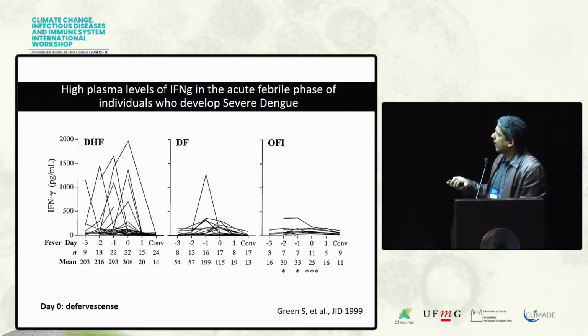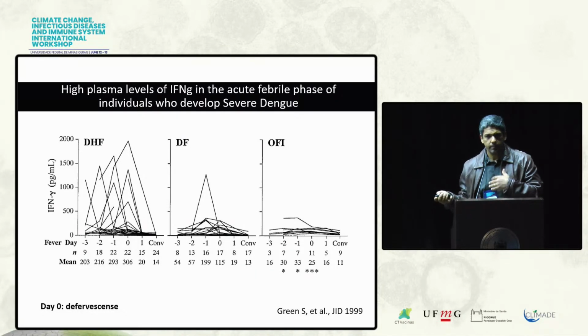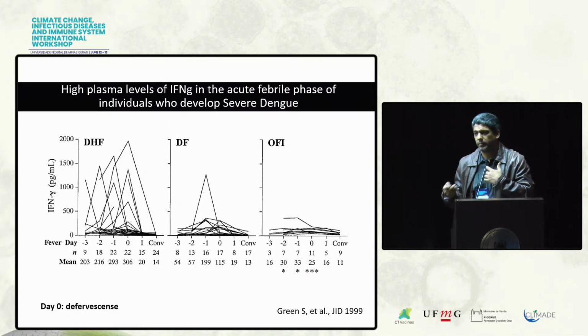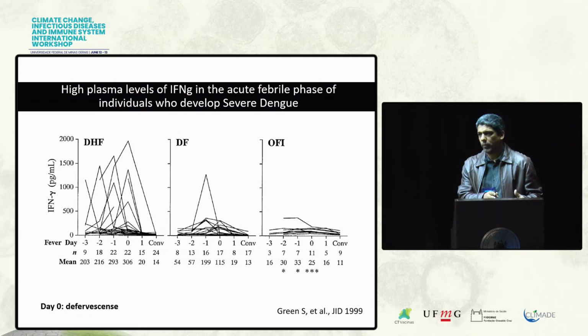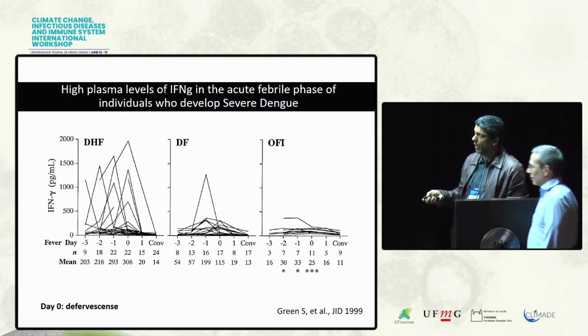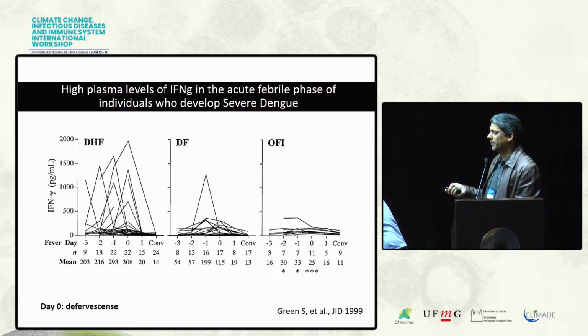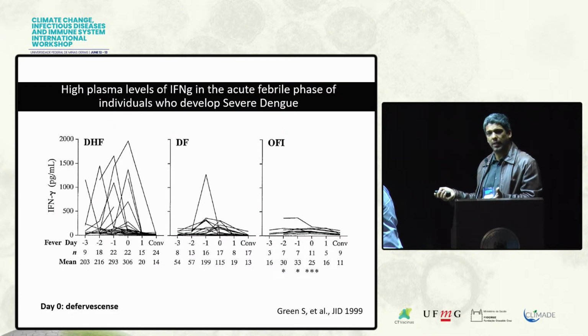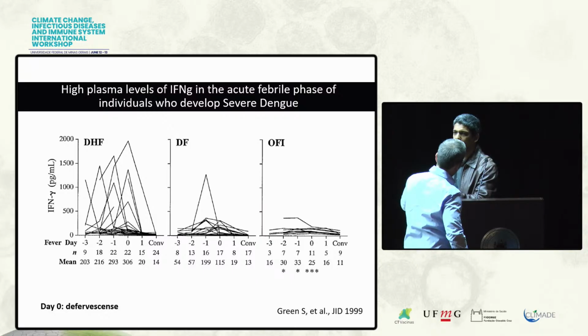So, what I found is that, sorry, my throat is a little sore today. But what I found was that individuals that developed hemorrhagic dengue would have compromised, thank you, Jean, would have compromised effector immunity.